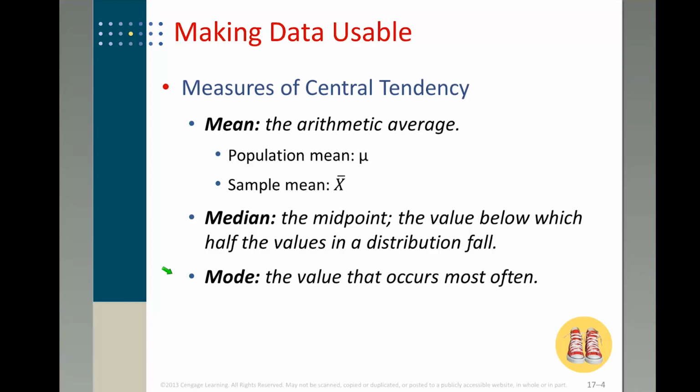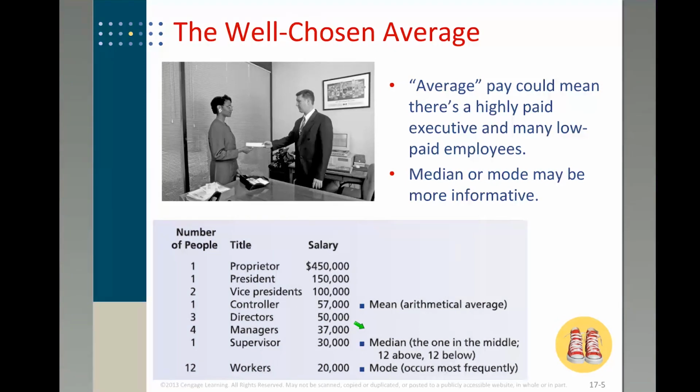They have their specific usefulness. The mean is not a good measure sometimes. Let me show you one example here. This is a well-chosen average. Let's take a look at this table. This shows the salary of different employees in the company. The last row, we see 12 workers earning $20,000 a year.